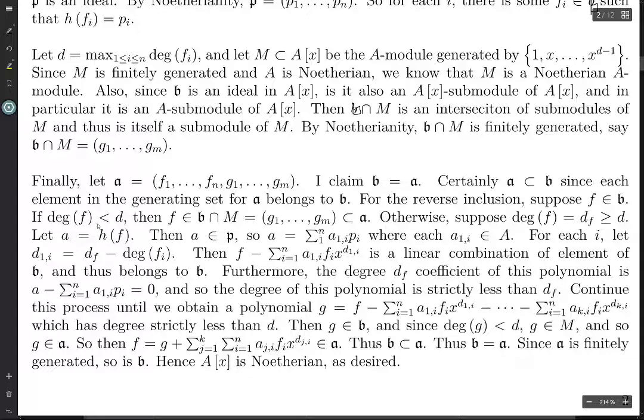Let a be the leading term of f. What we want to do is add a polynomial to f to get rid of the highest degree coefficient. So a is in P because it's the leading term of an element of B. We can write it as a sum of a1,i Pi, where each a1,i is in A. For each i, let d1i be df minus the degree of Fi.